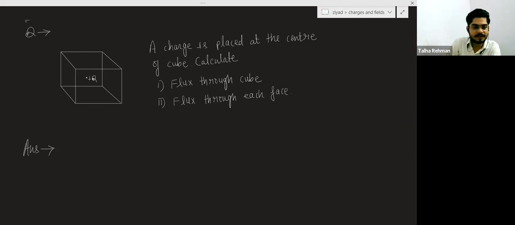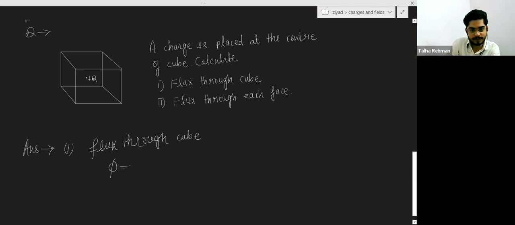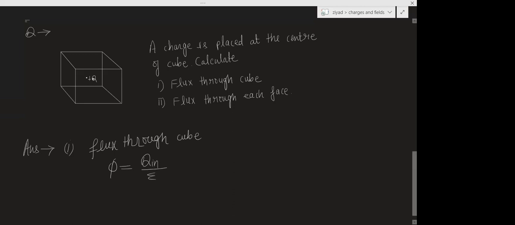And the first part is very easy. For the first part, if you want to calculate the flux through a cube, phi we have to calculate for the cube. What we will do, we will simply apply Gauss law. Gauss law is charge inside divided by epsilon naught.